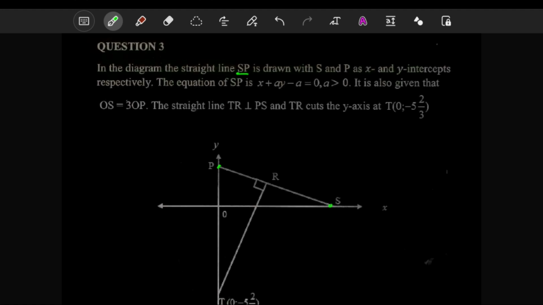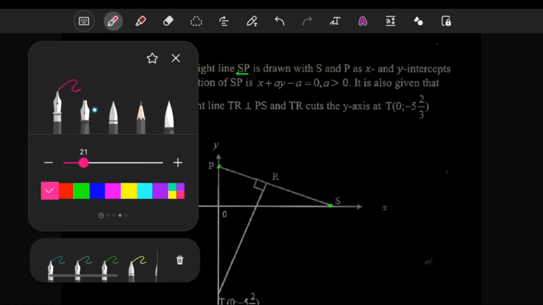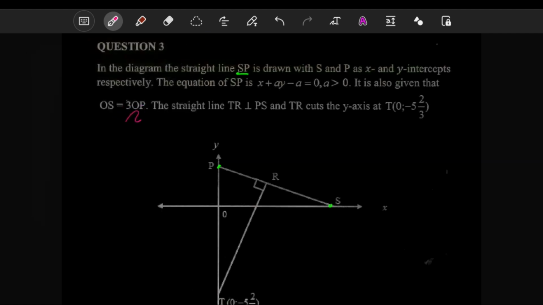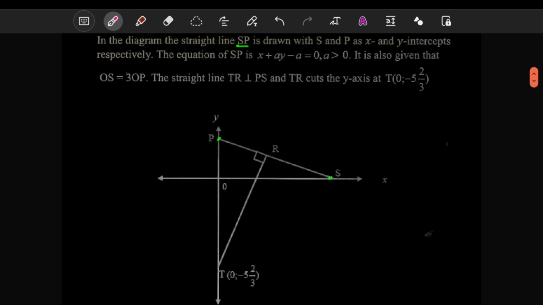It's an equation of a straight line, but not in the standard form that we are used to. Then they said x is bigger than 0, and it is given that SO is equal to 3 times OP. So SO is 3 times OP.